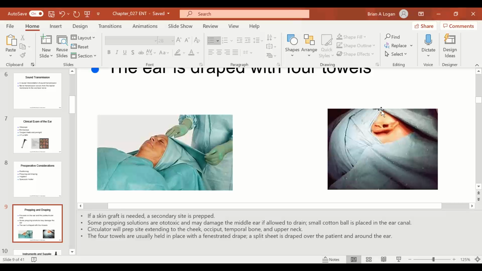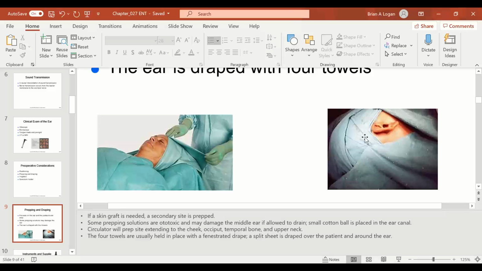If you're working on the ear, then they modify the drape so they have access to the ear and behind the ear. Anytime you're working in the middle or inner ear, you have to access that through the mastoid bone behind the ear. The only time we're going down the ear canal is if we're just doing those ear tubes on the eardrum.